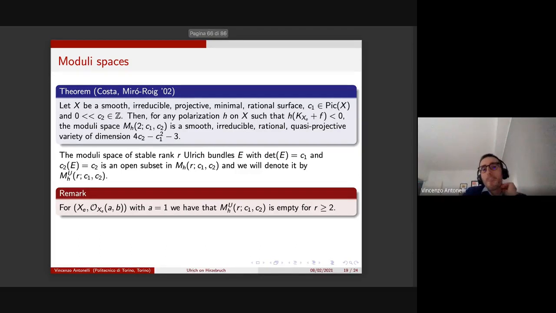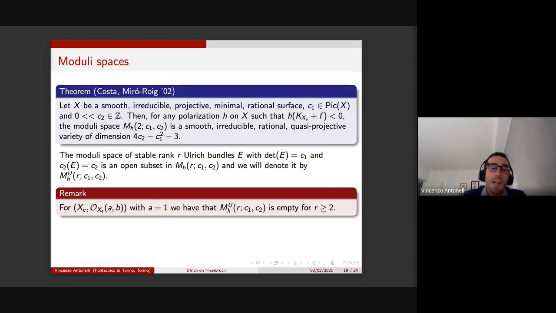So if you consider the space of stable Ulrich bundles, then you see that when you consider a Hirzebruch surface with A equal to 1, then the moduli space of stable Ulrich bundles is empty for R greater than or equal to 2.